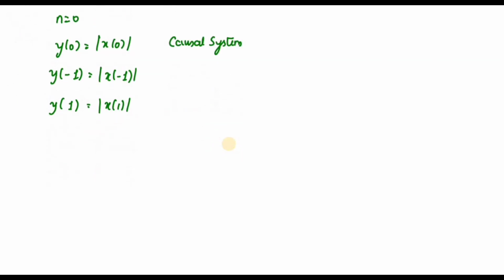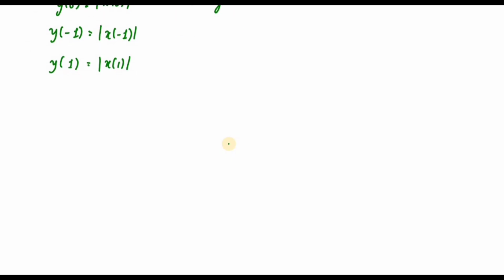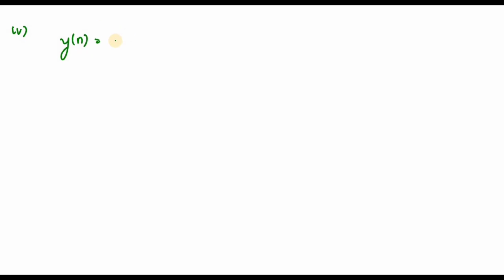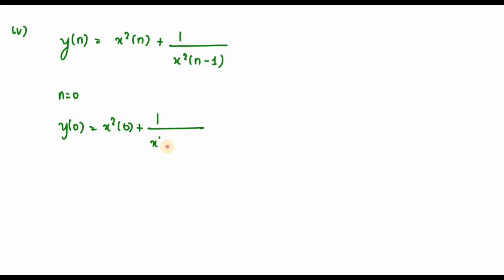Next, the fourth problem, y of n is equal to x square of n plus 1 divided by x square of n minus 1. If I substitute n is equal to 0, y of 0 is equal to x square of 1 divided by x square of minus 1.